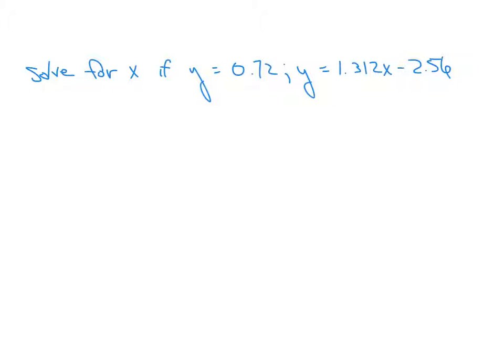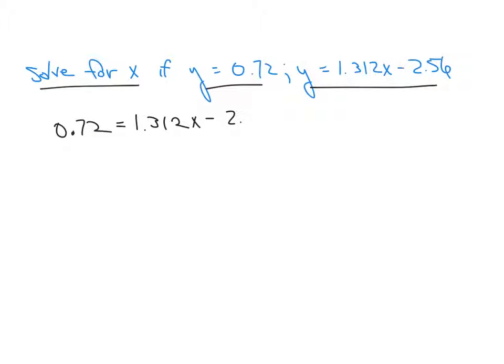Okay, for C in example number 1, we're solving for x if y equals 0.72 in this equation. So we're just going to substitute 0.72 for y, and we get... so we're going to add 2.56 to both sides, and we end up with 3.28 equals 1.312x.